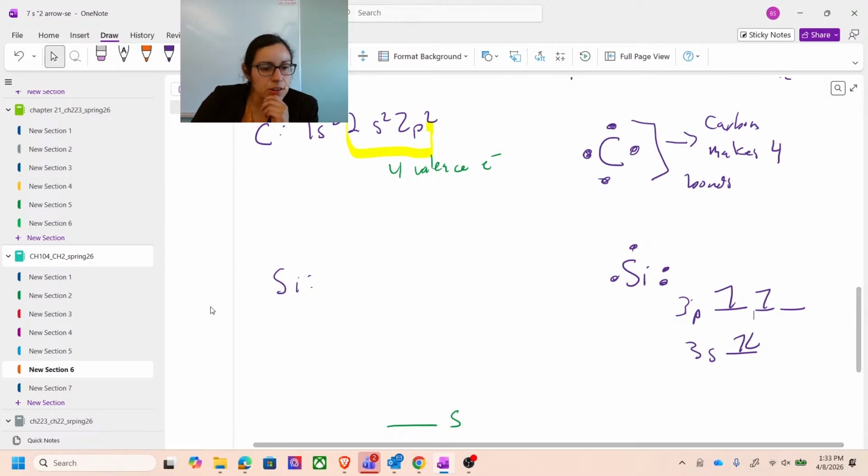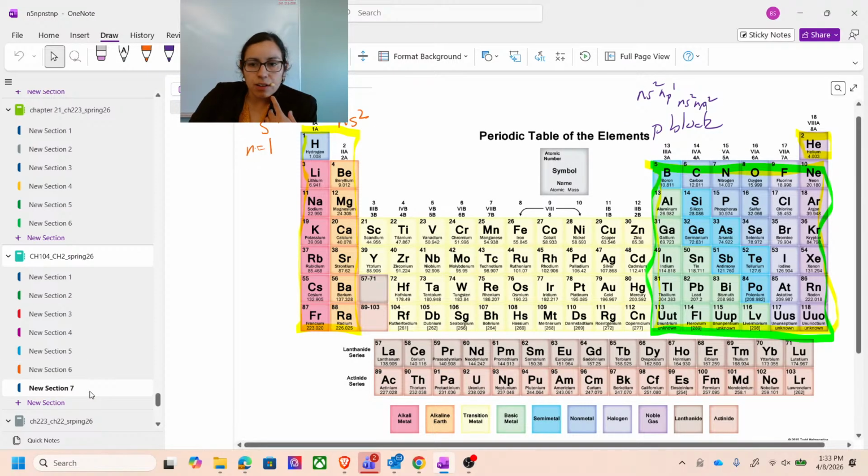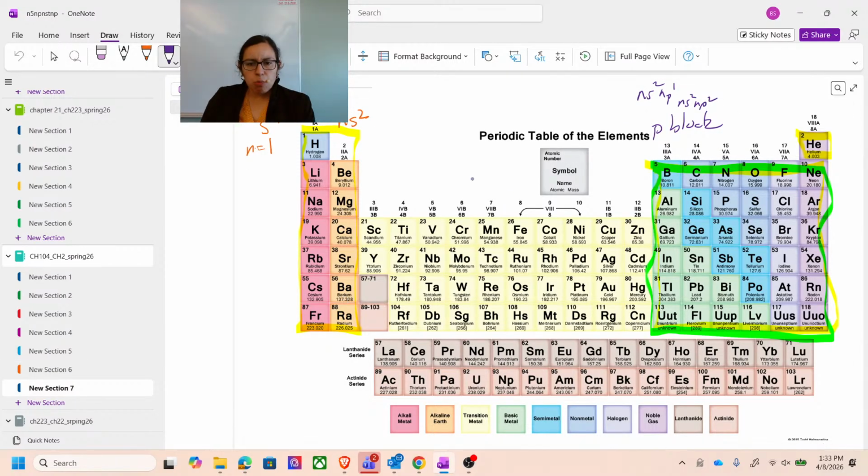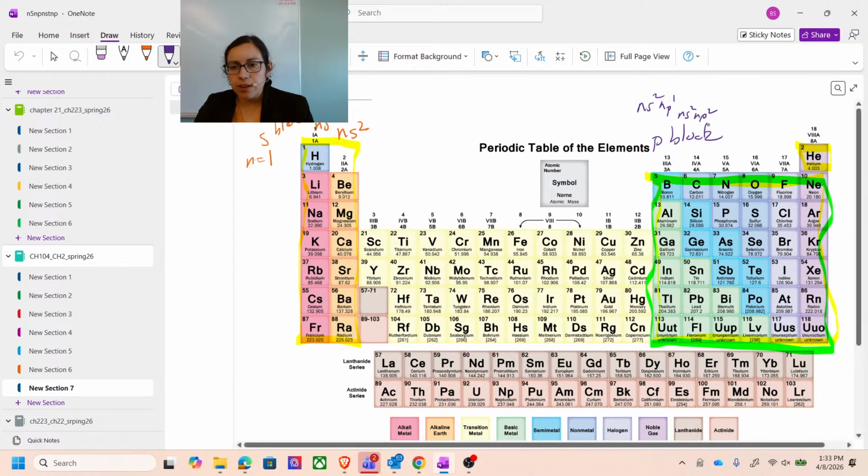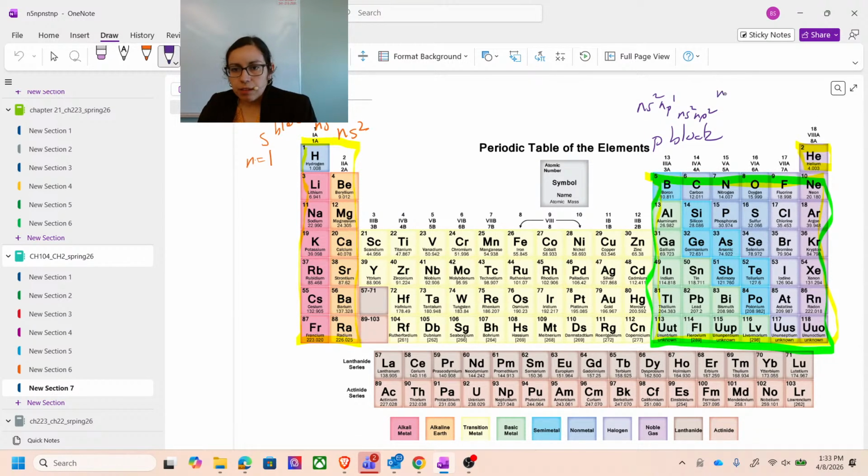And so let's jump ahead and see if we can do silicon's electron configuration. And like I said, we'll keep going through this, but we can see we're going to finish out our p block. So 3p3, 3p4, 3p5, 3p6, right, filling that up. Let's skip over. So this would start 3.